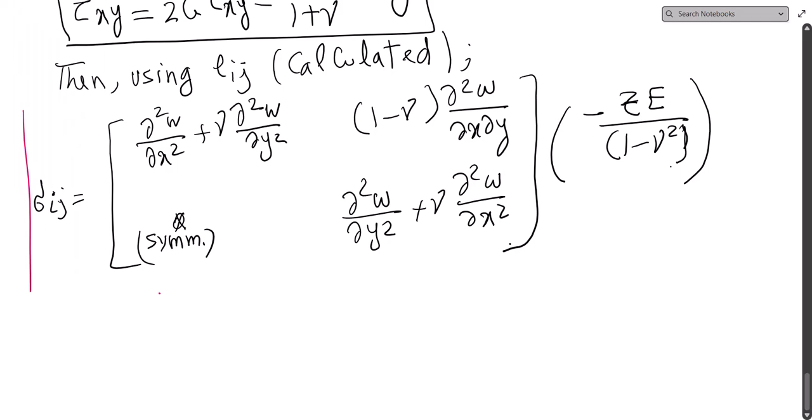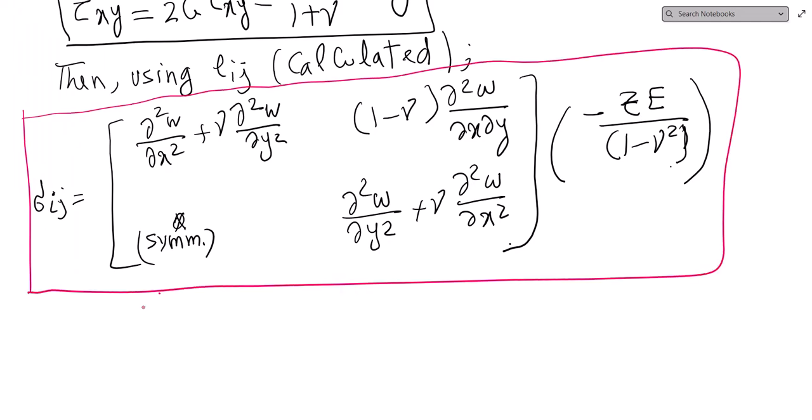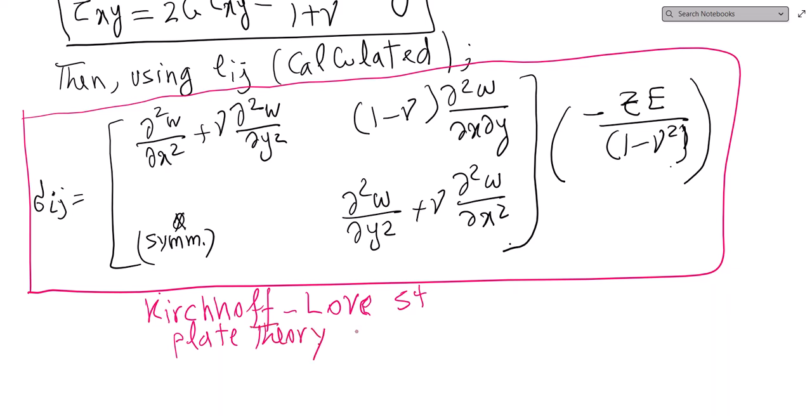this is the Kirchhoff-Love plate theory stress tensor.